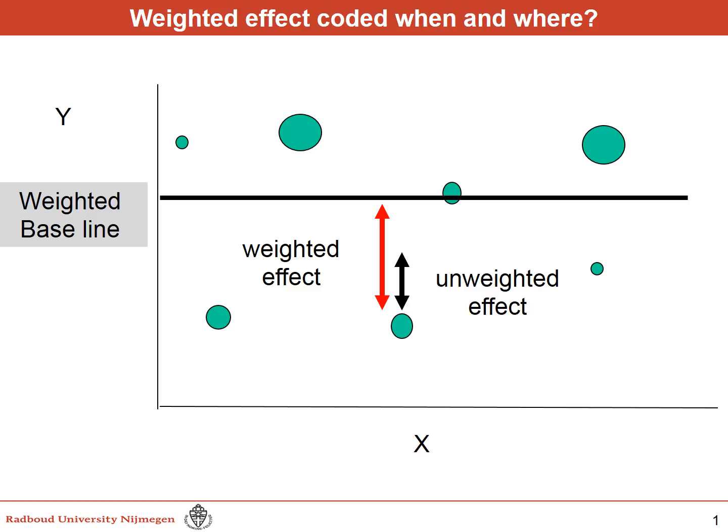So I think in a nutshell, that is the difference between using effect coding and using weighted effect coding, whether you consider that baseline as a difference in mean, that was the first part of my presentation, or whether you would like to see this as a difference in effect in an interaction model in the second part of my presentation.